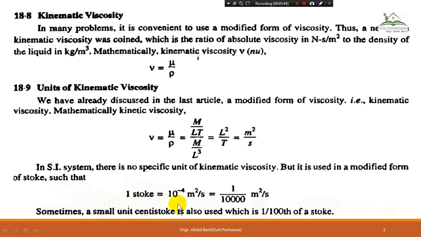Poise is also a small unit: poise is a unit for absolute viscosity, while stoke is a unit for kinematic viscosity. This small unit can also be used as the centistoke, which is one hundredth of a stoke.